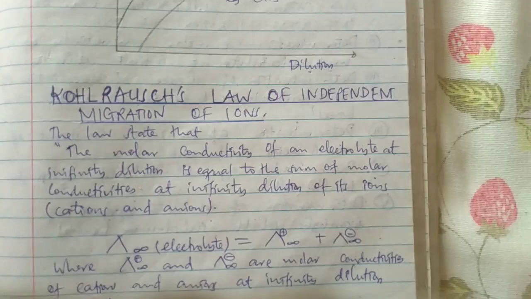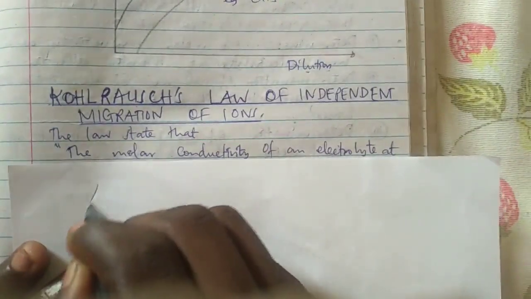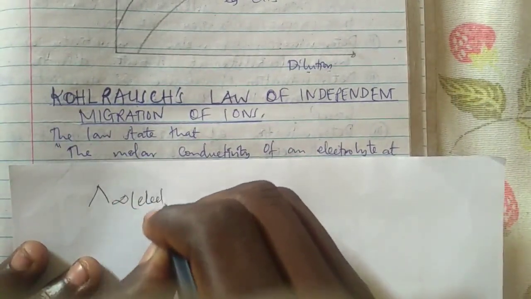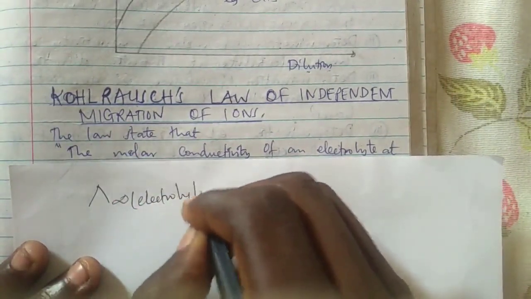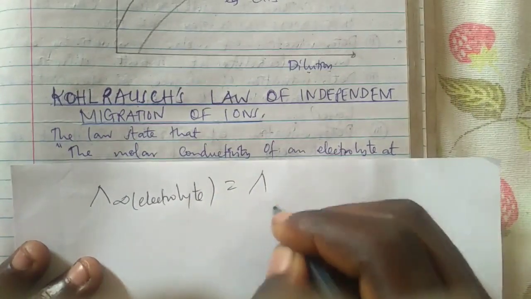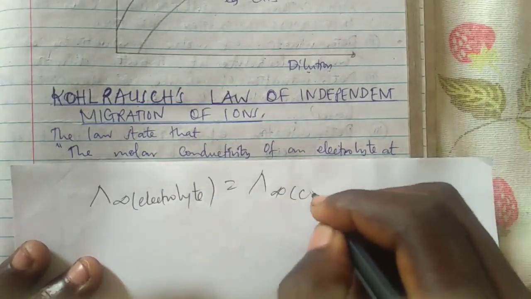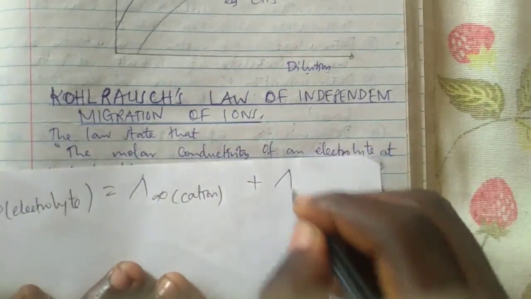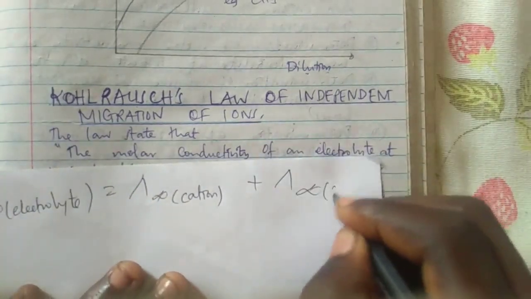We can apply this law for an electrolyte. Molar conductivity at infinite dilution of the electrolyte is equal to molar conductivity at infinite dilution of the cation plus molar conductivity at infinite dilution of the anion.